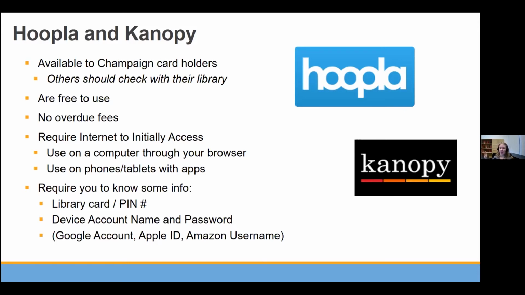And in the future, when you go to log in, you just need the email address and the password that you create. So you'll need to know the email address and the password to log in the future to both of these services. If you do get a new library card, that's okay. You can always go into your settings and update the information with the new card number and new PIN number too, if you change it.